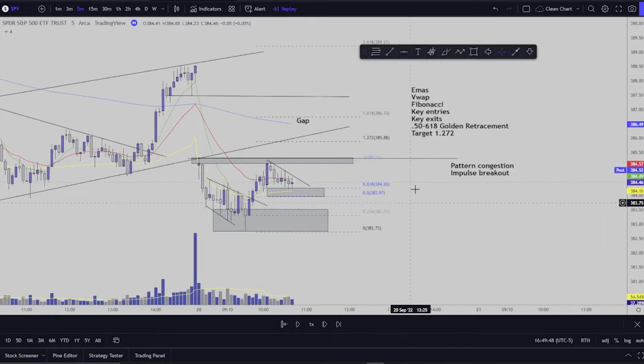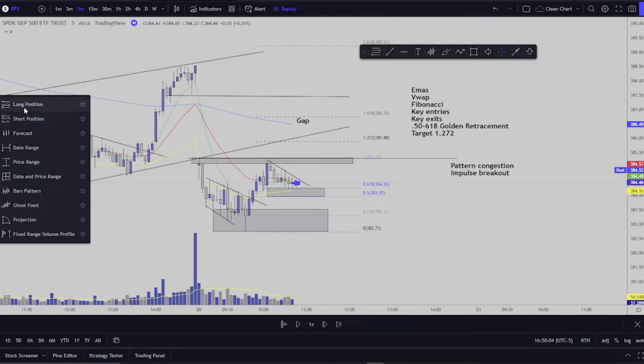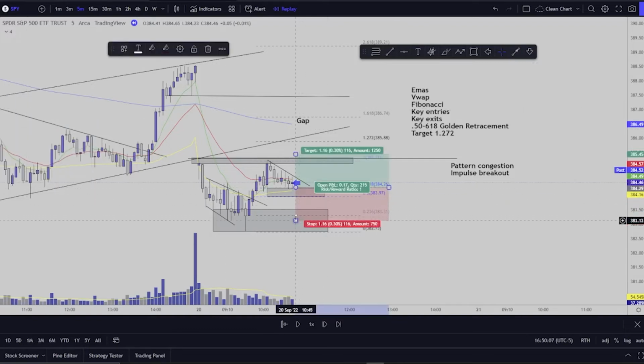This is a great spot for an entry, right? Let's say you go ahead and enter here, right? You have VWAP as a risk. You have the actual golden ratio as another risk as well, right? So for instance, if it breaks to the downside, so for instance here, right? If we're going to plot a long position, you enter there.